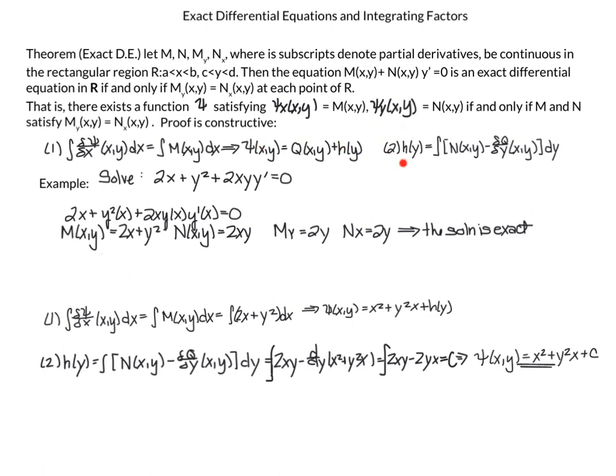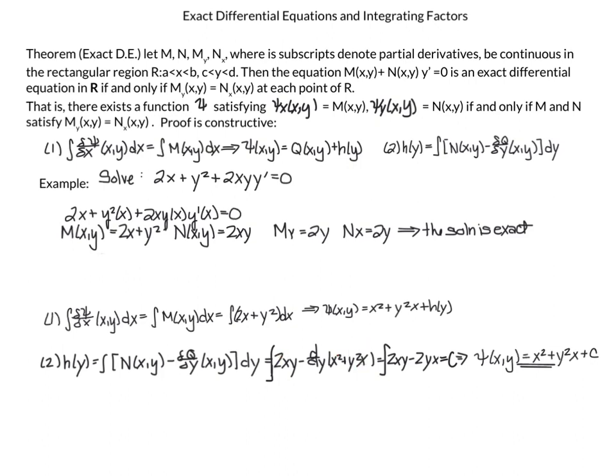For my example, I solved for h of y over here, so I'm taking the integral of n of xy, which is over here at 2xy, minus the derivative of q, and again, q is this portion of our c, just eliminating the h of y, so d dy of c, which is x squared plus y squared x.